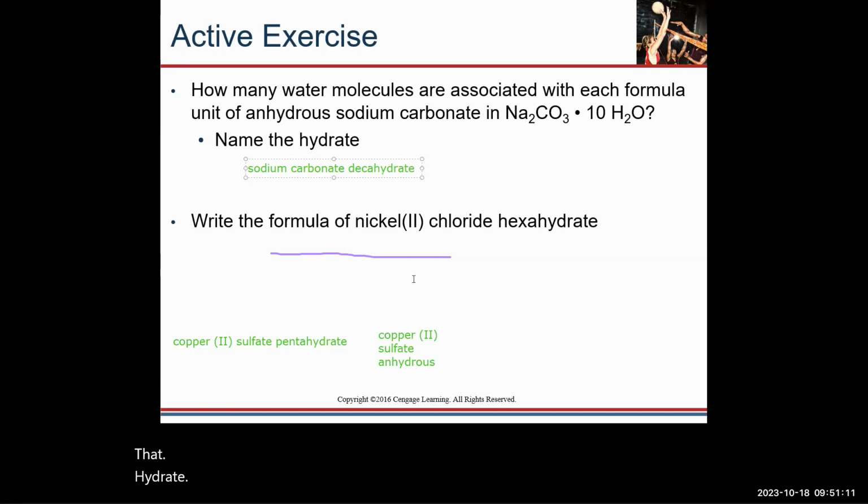Okay, what about, write the formula for nickel 2 chloride hexahydrate?